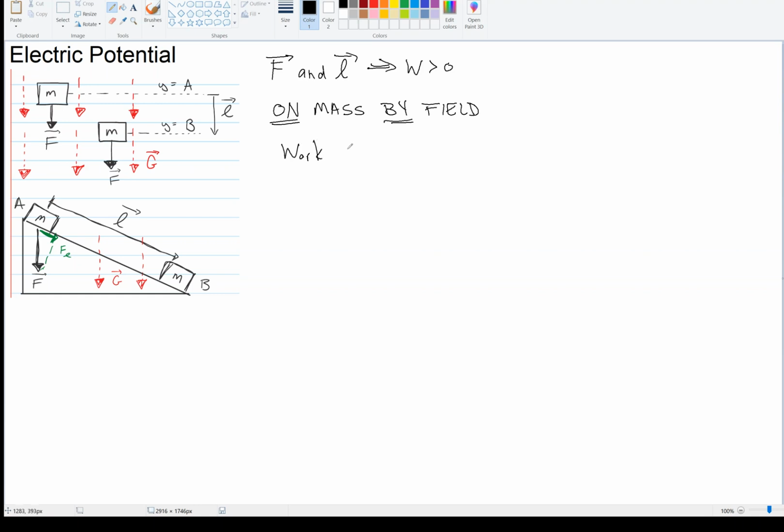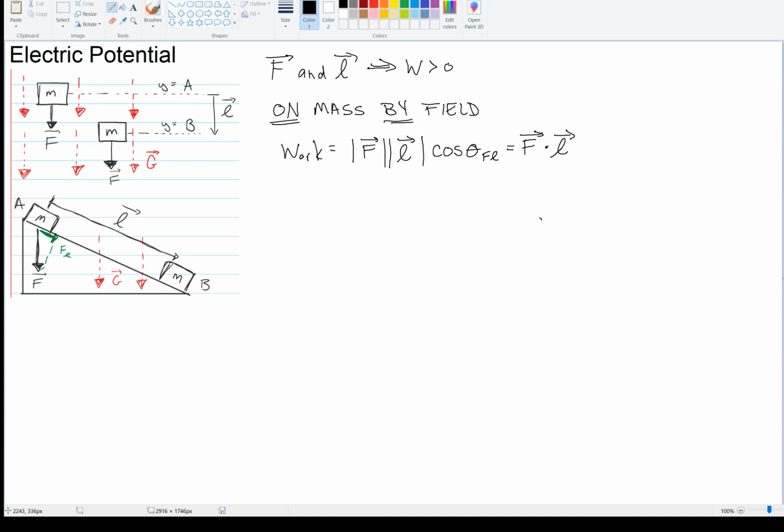The work is equal to the magnitude of F times the magnitude of L. Remember, it's only the component that's parallel, so that's key here for a dot product. That should not be surprising. We need the cosine of the angle in between, which is of course the dot product. So that's F dot L, and that is the work.